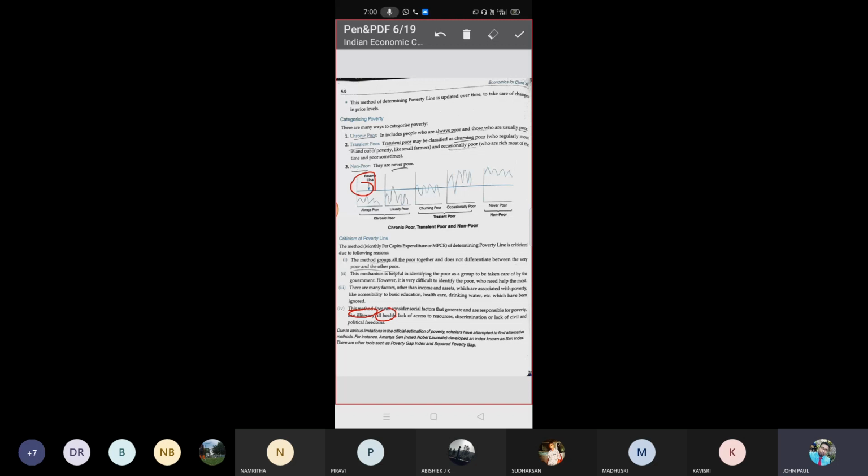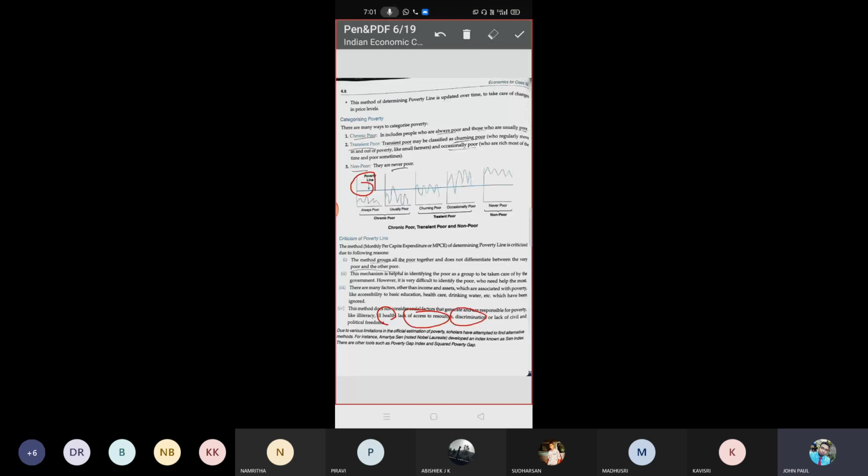So it is not only about money. Some people become poor because of poor health. Some become poor because of a lack of access to resources, or discrimination, by caste or religion.